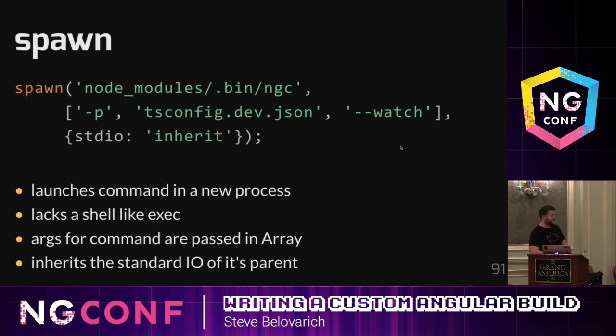And ngc is going to know the user used typed or --watch from our CLI, so we have to tell ngc to use watch so it can run its own watcher.